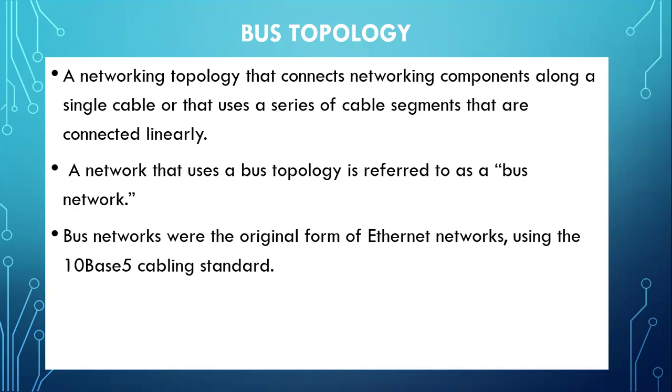So a network that uses this kind of linear arrangement, that is a bus topology, is referred to as a bus network. Now the bus networks were the original form of the Ethernet networks using the 10Base5 cabling standard.